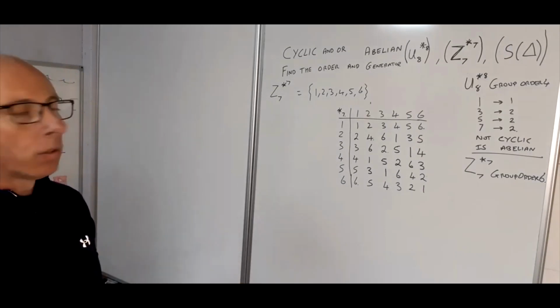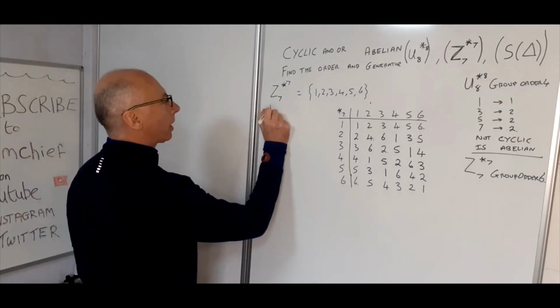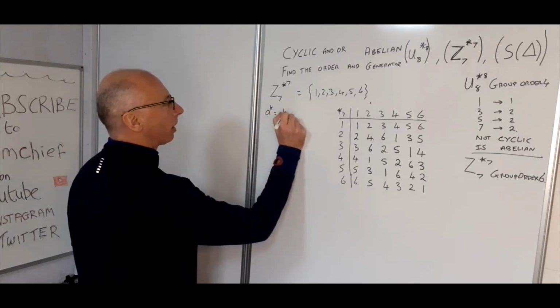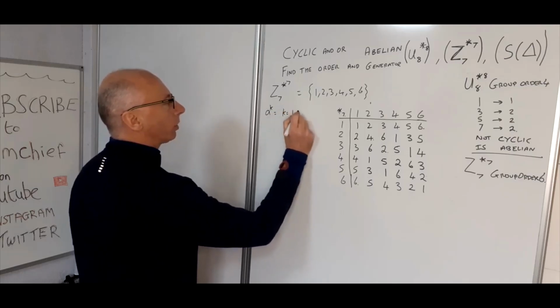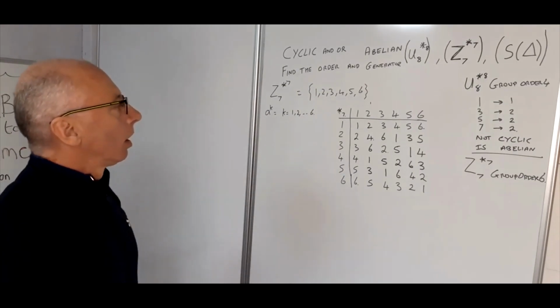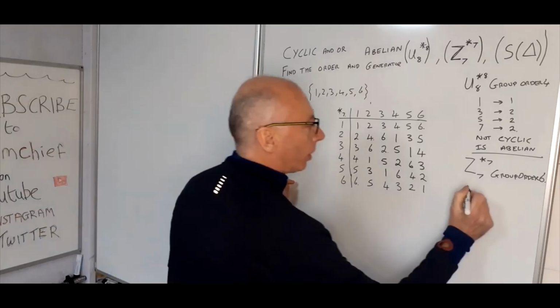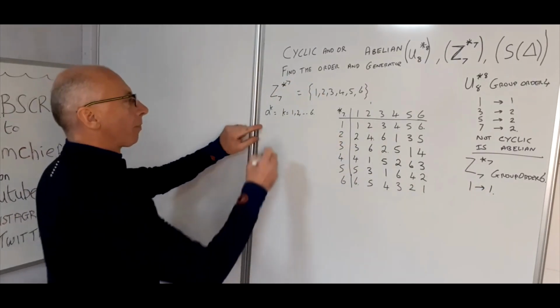So now we're going to find the order of each of the elements. Remember, we've got a to the k, and in this group k equals 0, 1, 2, all the way up to 6. Okay, so 1 is the identity, that's just got 1, order 1. Let's have a look at 2.